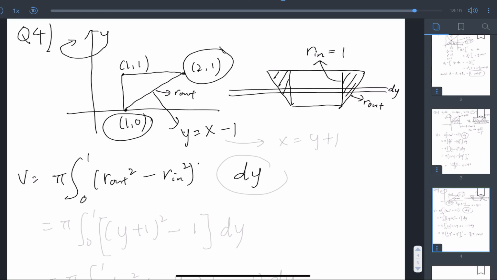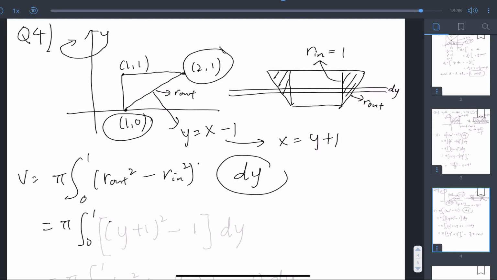Because you are making the integral with dy, you have to find r out as a function of y. So you have to rearrange this. x is equal to y plus 1.